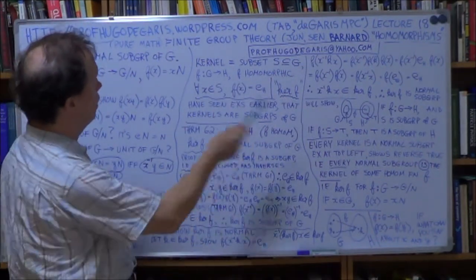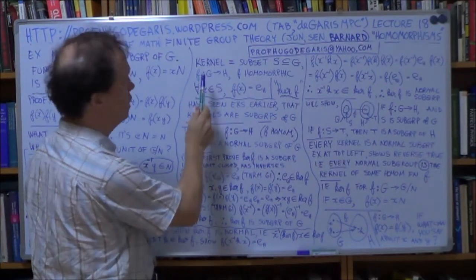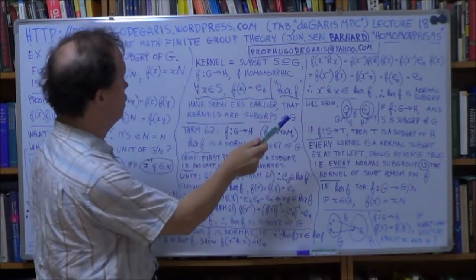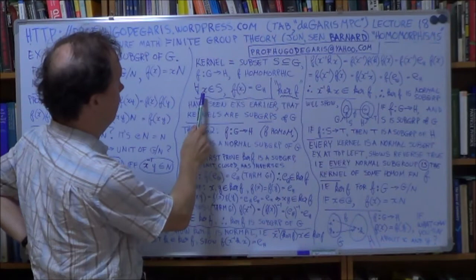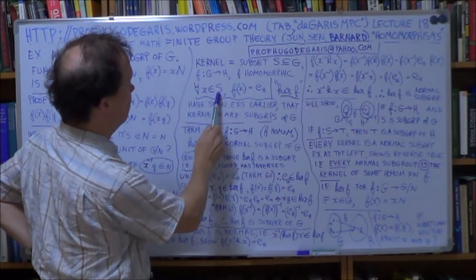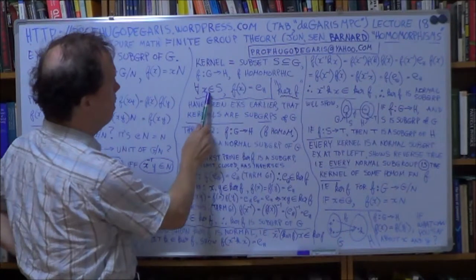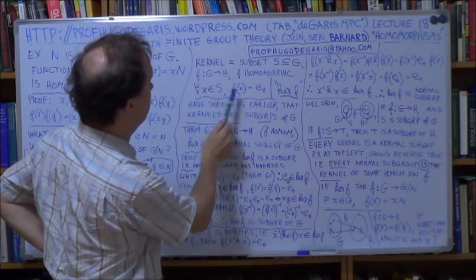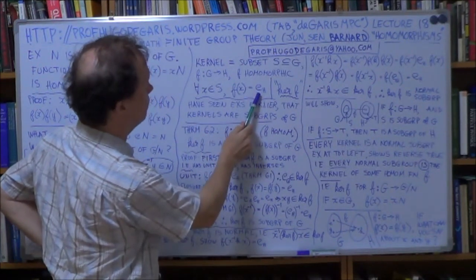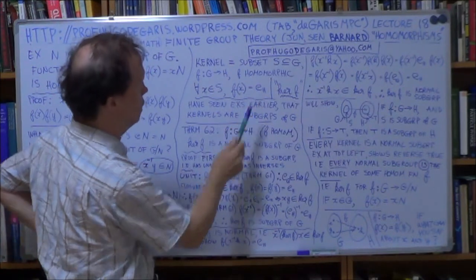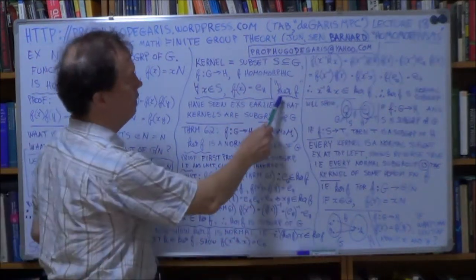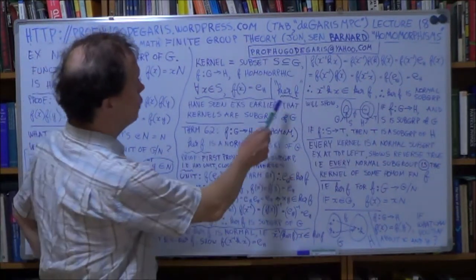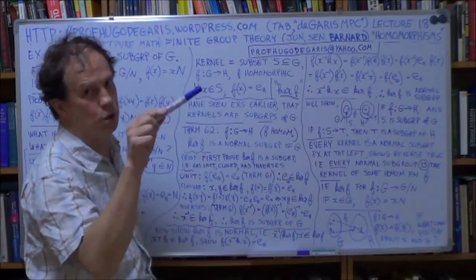And so in this context, you're mapping with F as your function. It's a homomorphic function mapping group G into group H, and for every member X of your subset S, a subset of G, the homomorphic function maps that member into the unit of the second group, the unit of H. Now that subset is so important, it gets its own special label, and it's called Ker, which is just short for kernel, obviously.